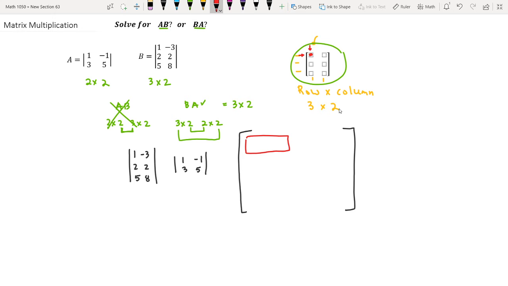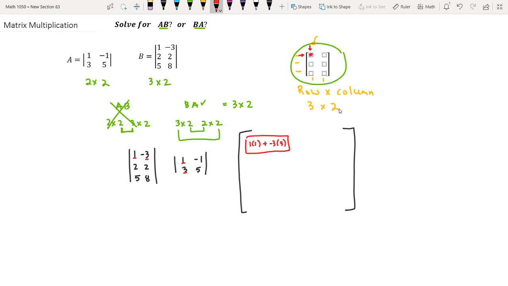So I'm going to take my 1 and my 1, which is my column, and times those together. So I have 1 times 1, and I'm going to add that to the -3 times 3.